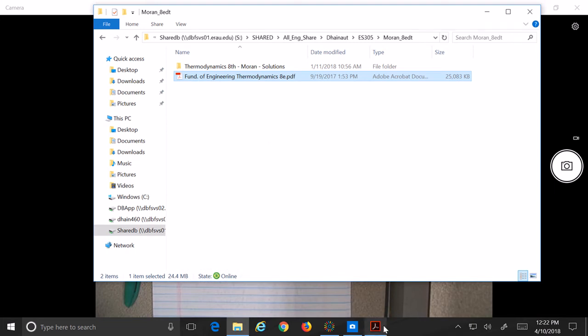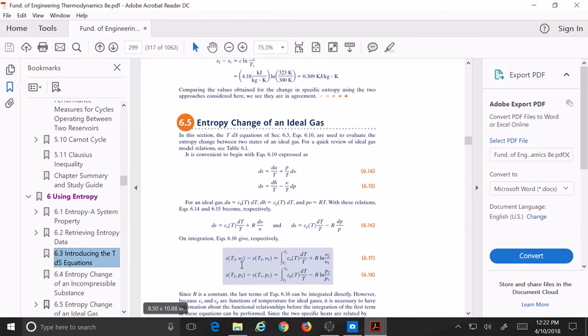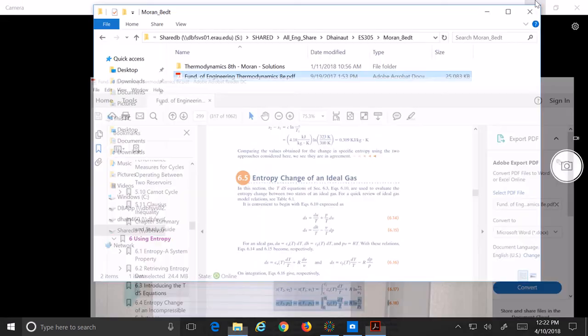So basically, you see, this corresponds to what? TdS equal to dU plus PdV, no? Now this one will correspond to what? TdS equal to dH minus VdP, okay, or something like that. So we derive this one. Now we have time to derive this one, and we stop right there.